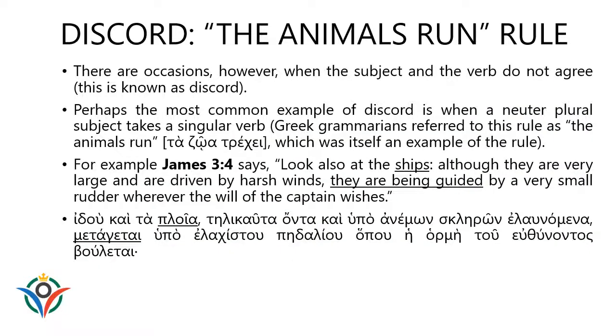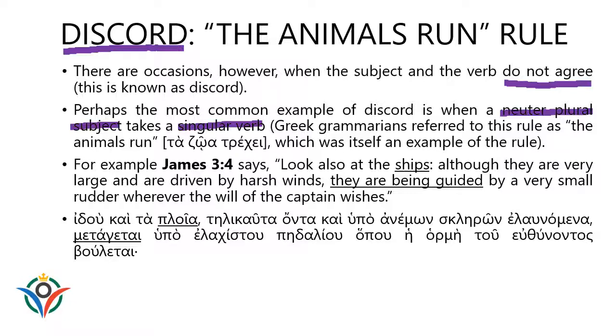The second term that I want to explain to you is discord, otherwise known as the animals run rule. It says there are occasions, however, when the subject and the verb do not agree. When they don't agree, that's known as discord. Perhaps the most common example of discord is when a neuter plural subject takes a singular verb.